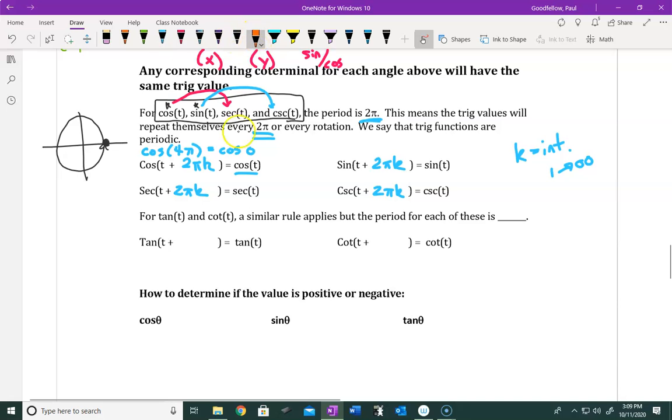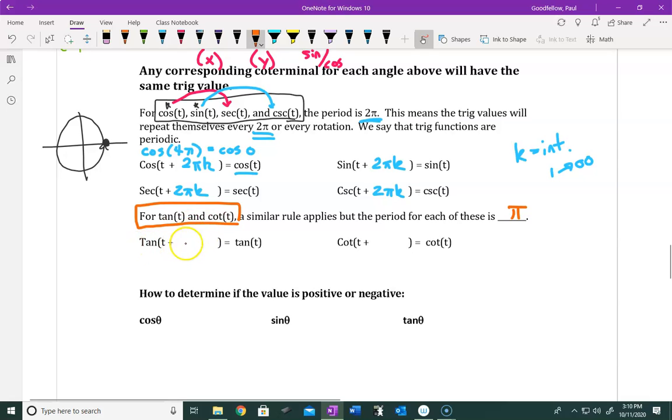Now, I pull apart that there are two others, tangent and cotangent, who kind of sit apart by themselves. This rule applies, but the period for each one of those two is a little different. It's only pi. You only have to go half of a circle before you end up repeating the concept of tangent and cotangent.